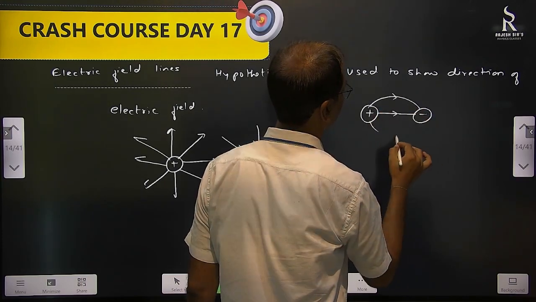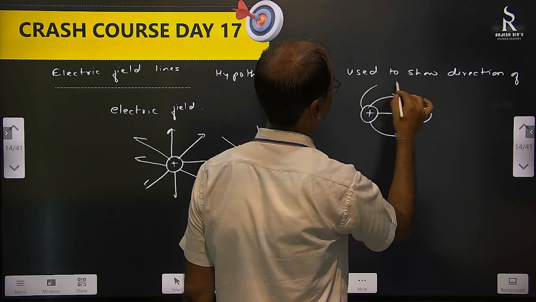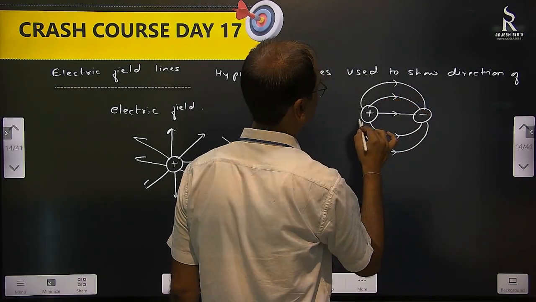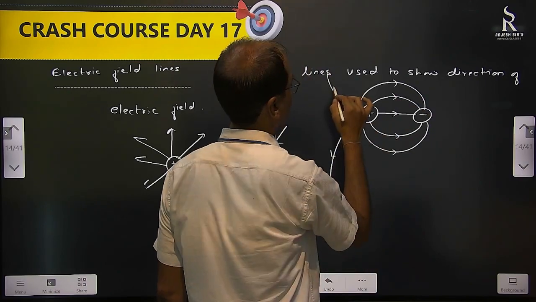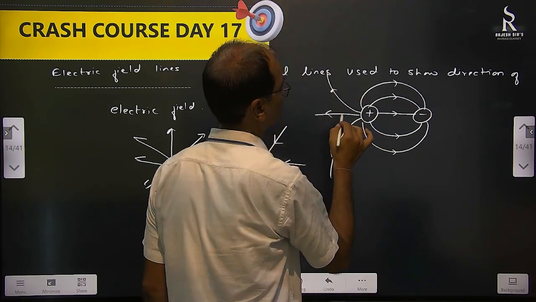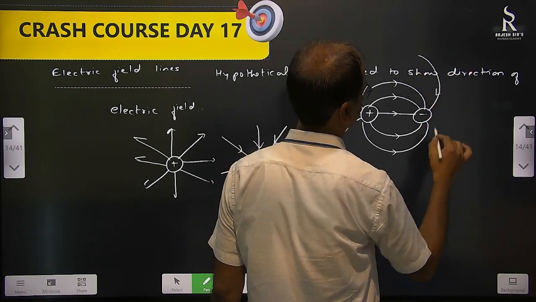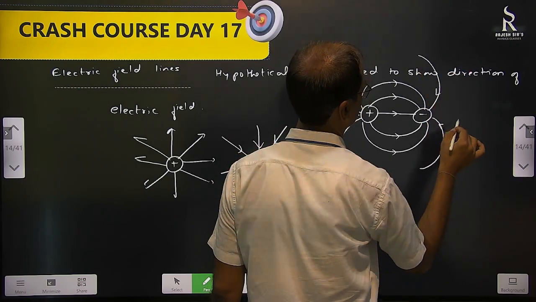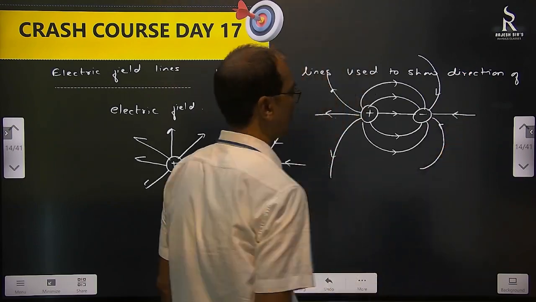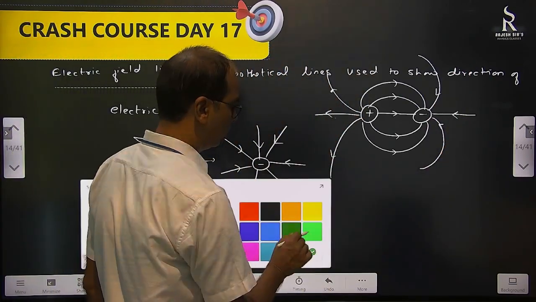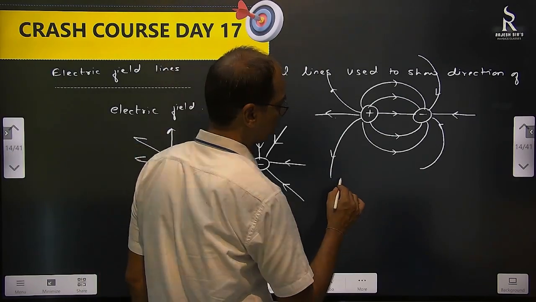So electric lines of force move from positive to negative charge.